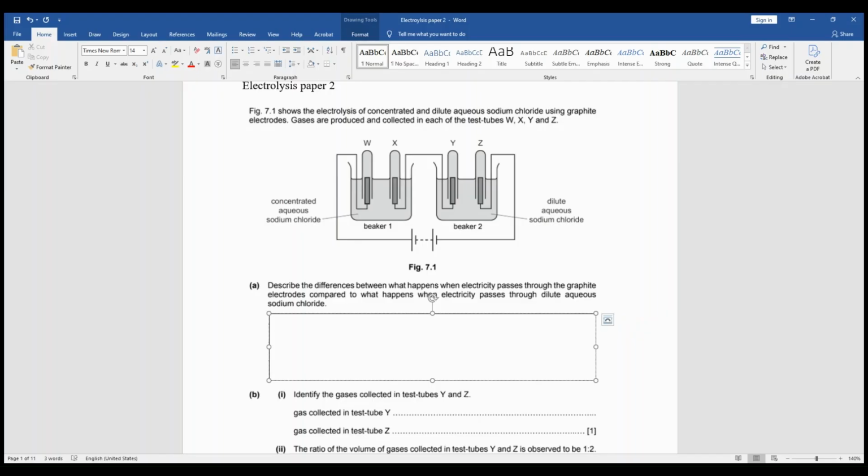So what's the answer? I'm just going to type it out. It seems a bit big, wait, let me adjust the font. Mobile electron. The word mobile is very important because if it's not mobile, it cannot move, it cannot carry charge. It cannot conduct electricity. Graphite: mobile electrons act as charge carriers.